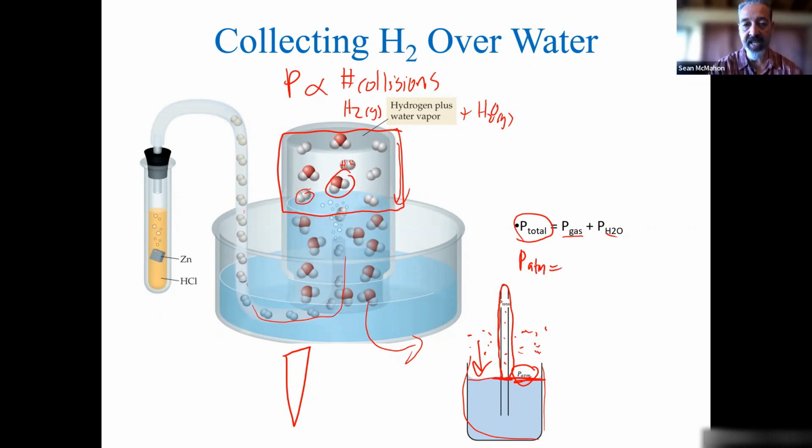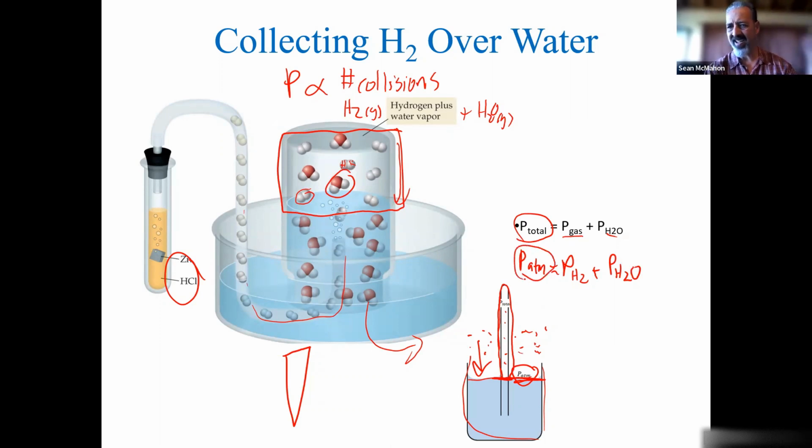And then the pressure of the gas I just produced from the single displacement is the hydrogen gas, plus the pressure of the water vapor. So I can take the barometric pressure.